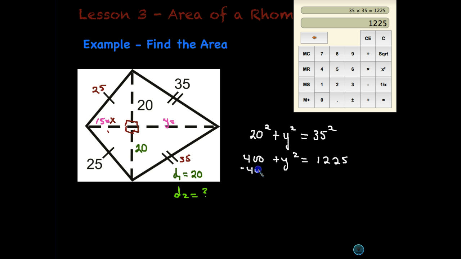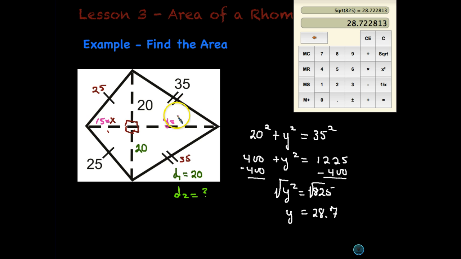Then I would subtract 400 from both sides, and I would end up with y squared is equal to 825. I definitely can't do this in my head, so I'm going to take the square root in my calculator. The square root of 825 comes to 28.7. So that means that this portion of the diagonal is now 28.7.